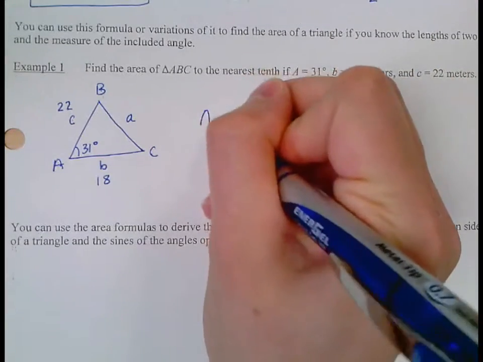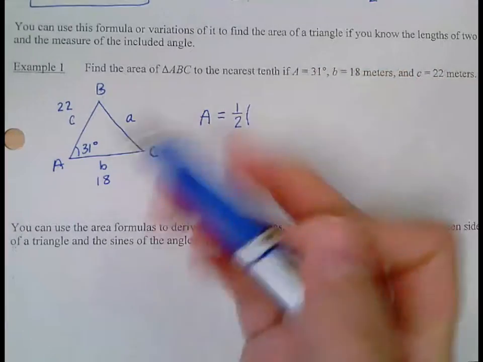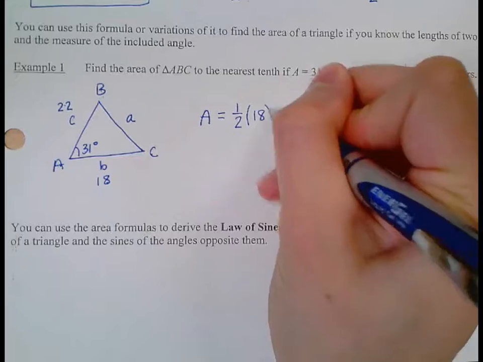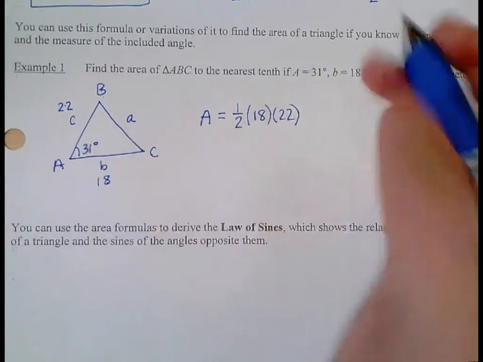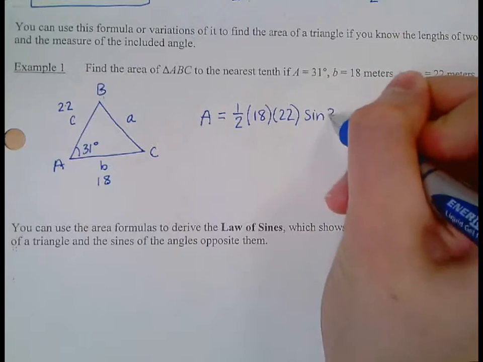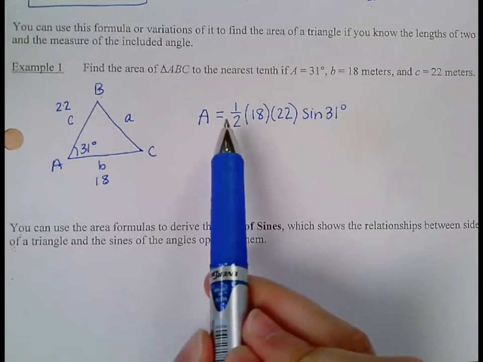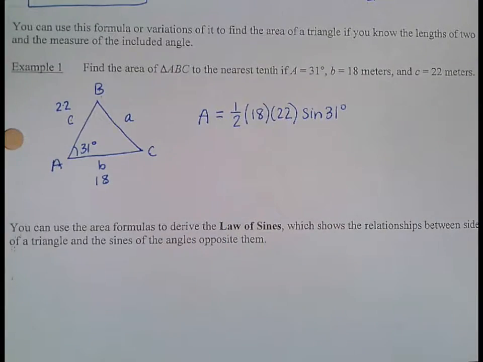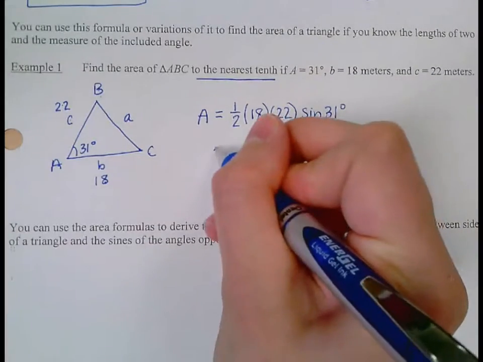So the area of this triangle would be 1/2 times the product of the two sides, so 18 times 22, times the sine of angle A, so times the sine of 31 degrees. If you use your calculator to multiply this, you'll have your approximation for the area, and it says to round to the nearest tenth.